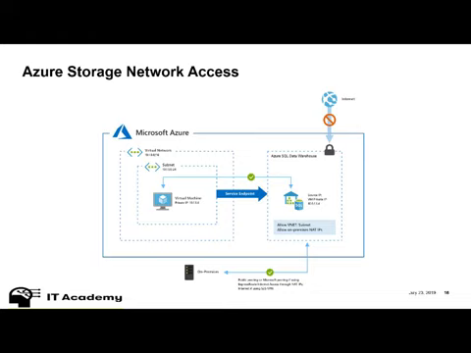Now, the way we do that is by creating on the storage account something called a service endpoint. Now, that's a two-way operation. First of all, we need to configure the storage account to support service endpoints. Then secondly, we need to configure our virtual network to also support service endpoints specifically for Azure storage accounts. Now, there's a misconception that a storage account will provide an IP address for the storage account on a virtual network.